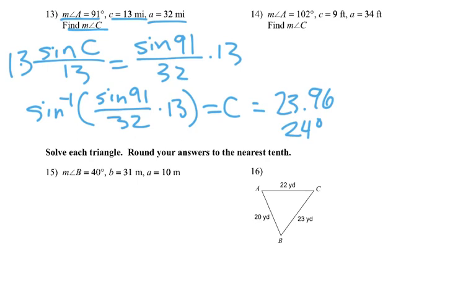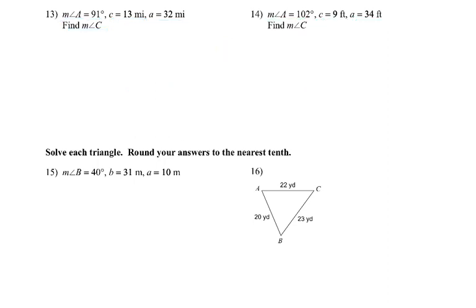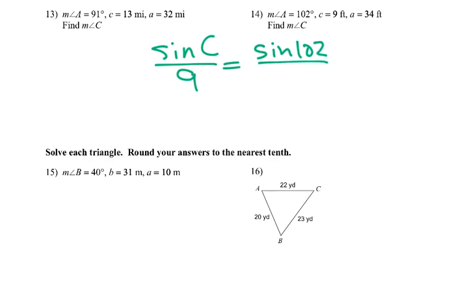Okay, 14, same idea. Angle A, side A. Looking for angle C, side C. So we go sine of angle C over 9 equals sine of angle A over A, or sine of 102 over 34. Times both sides by 9.